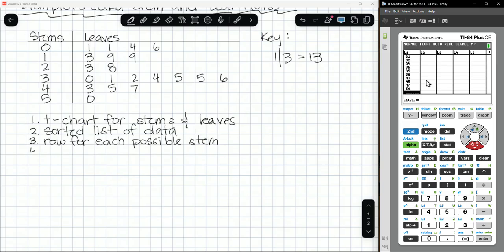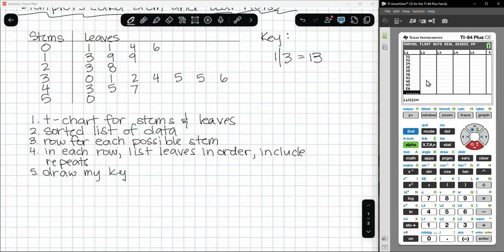And then in each row, we listed the leaves in order from smallest to largest, including repeats. And then my last step is I needed to remember to draw my key. We need the key.